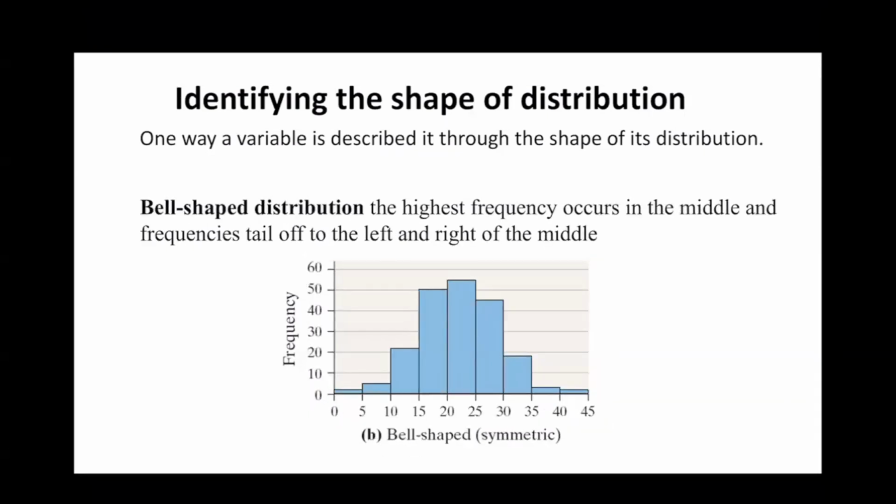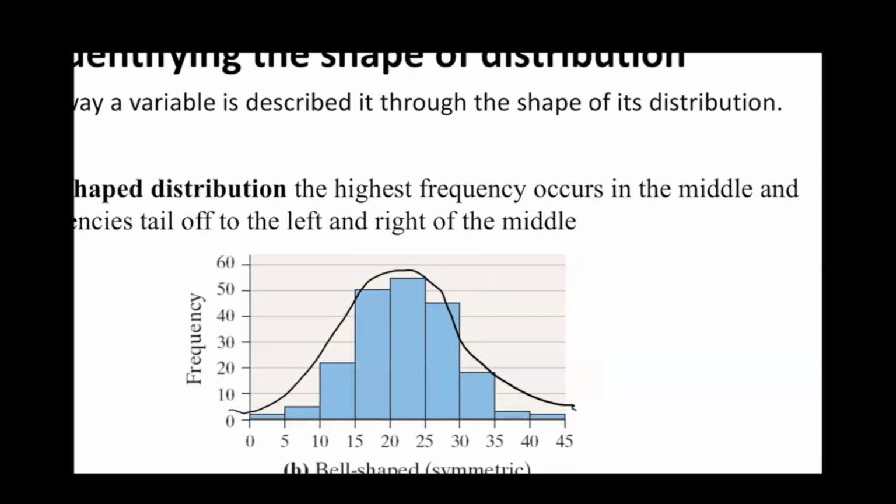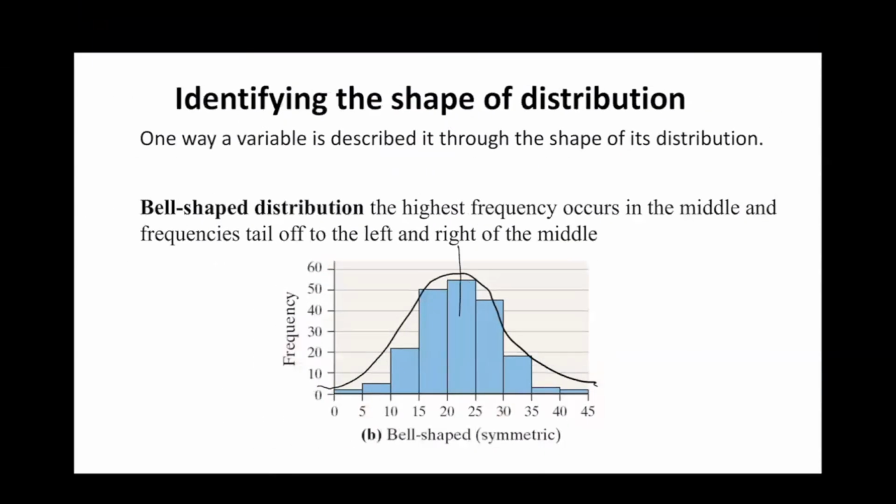All right, next, bell shaped. This is a nice, pretty bell shape. If I drew a line over it, even if it's not perfect, it would be bell shaped. We also call it symmetric, because if I folded it in half right here, it would mostly land on itself. Once again, we say words like relatively bell shaped, mostly bell shaped, basically bell shaped.